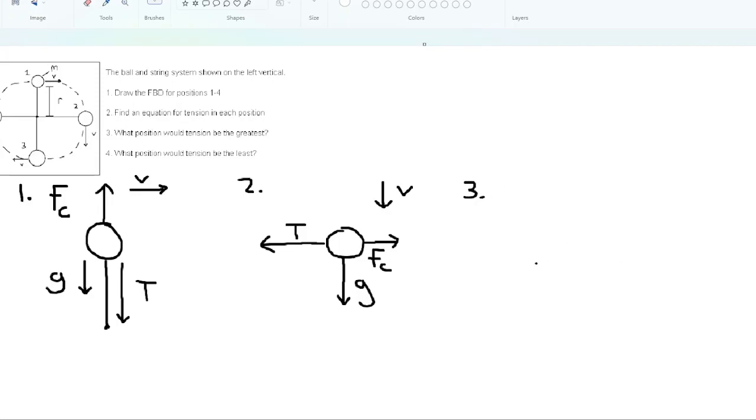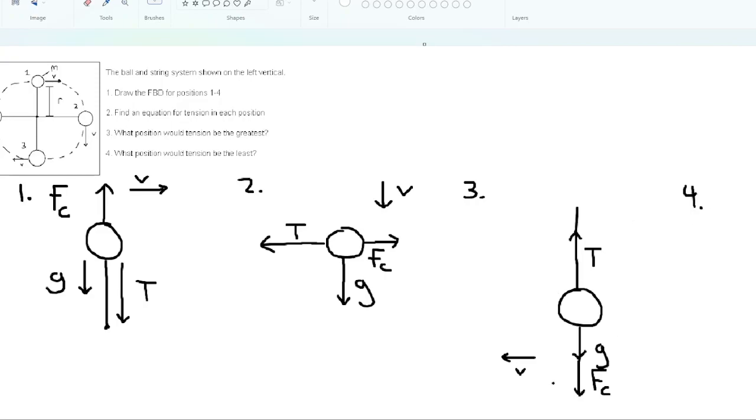Number 3. In position 3, we have the ball. The velocity is going to be denoted right here. The tension is going to be going this way. The gravity is going to be going this way. And also the centrifugal force is going this way.